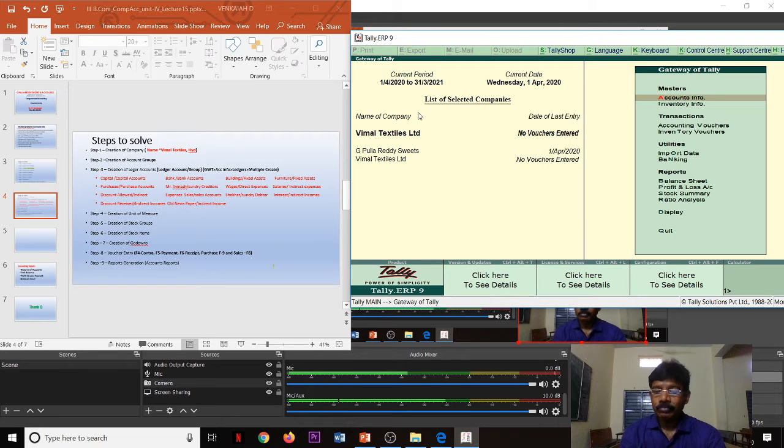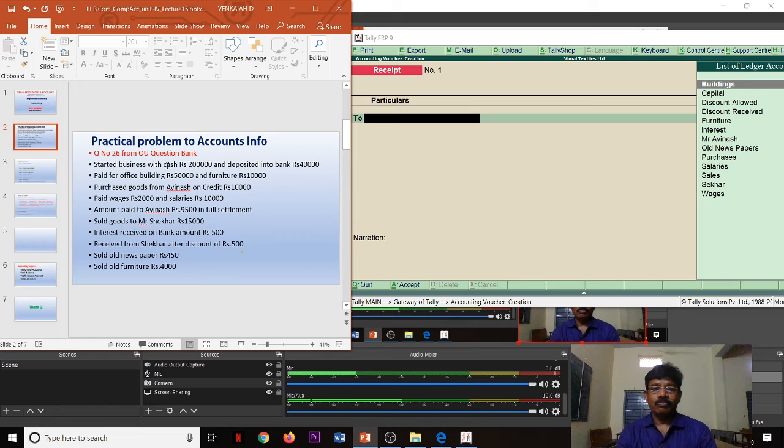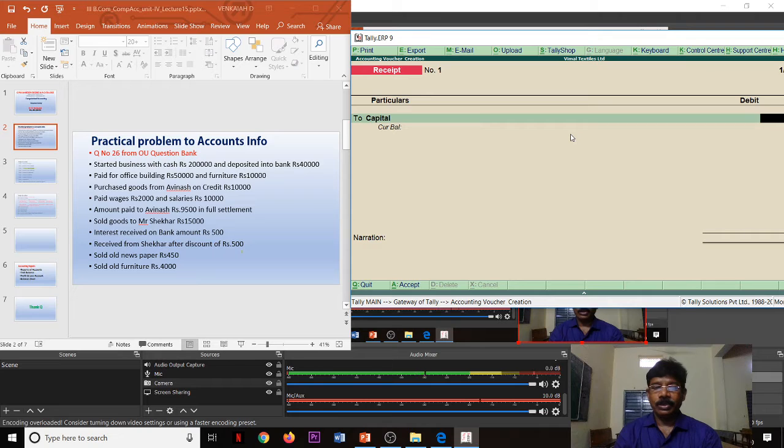Okay? Now accounting vouchers. Transaction wise, we will start. Transactions are given in this. First one is started business. Receipt voucher: cash account debit to capital account. Capital is credit.